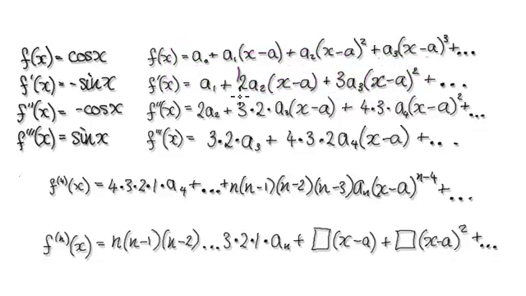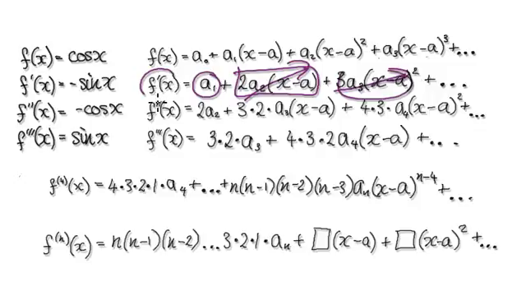The point here is that at x equals a, this will disappear. So your coefficient a1 is really f prime evaluated at a.